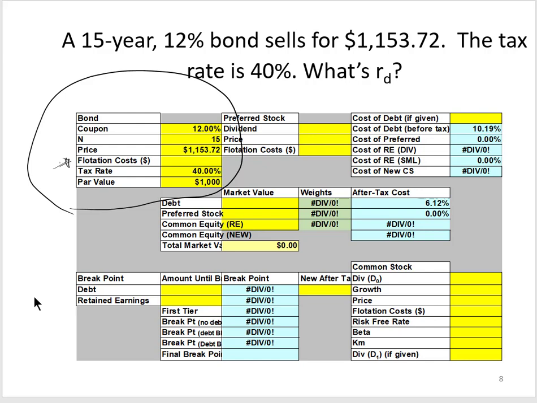In this case, we see that the cost of debt before tax is 10.19%. When you apply the tax rate, 1 minus T, the after-tax cost of debt is 6.12%. So for this debt, if you think about the actual dollars spent out, the after-tax cost is 6.12%.